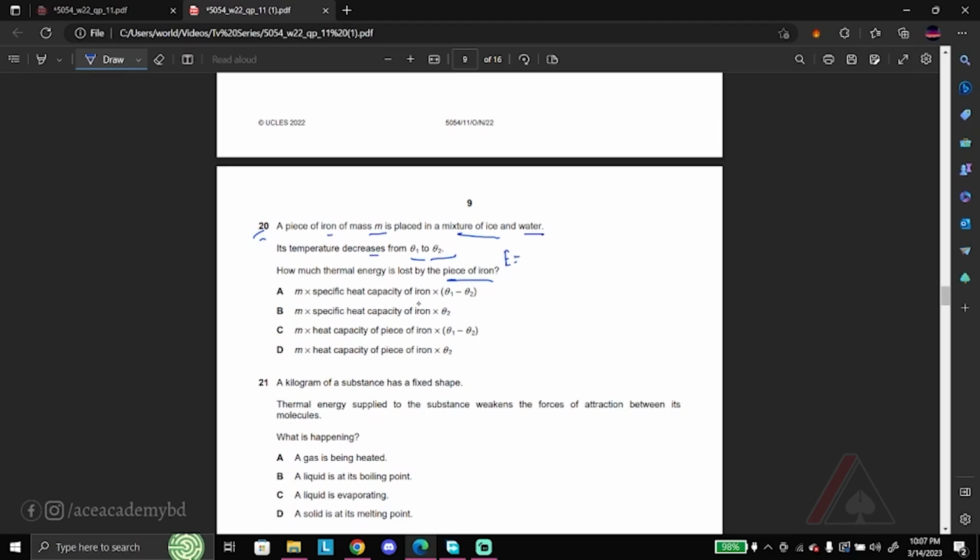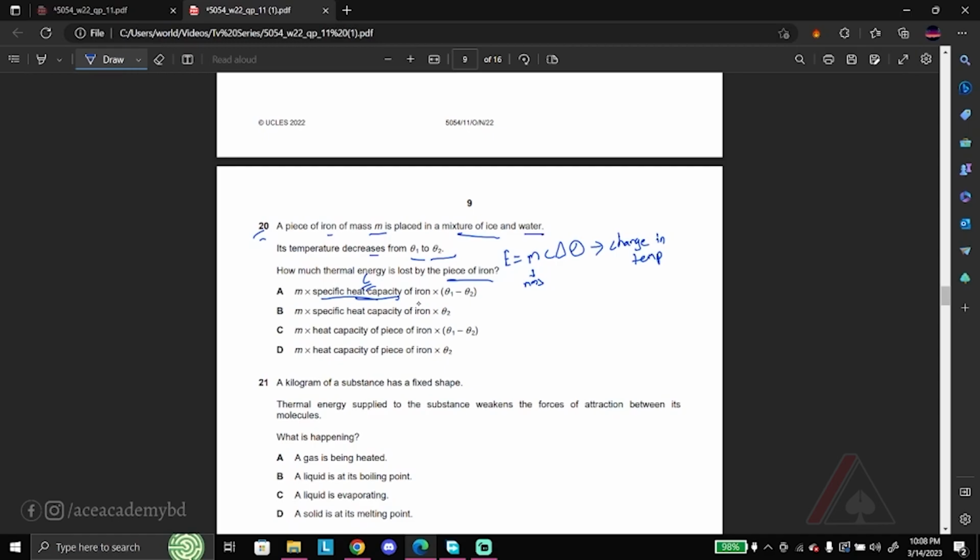change due to temperature change, it's E equals mc delta theta, where M is the mass, delta theta is the change in temperature, and c is the specific heat capacity.